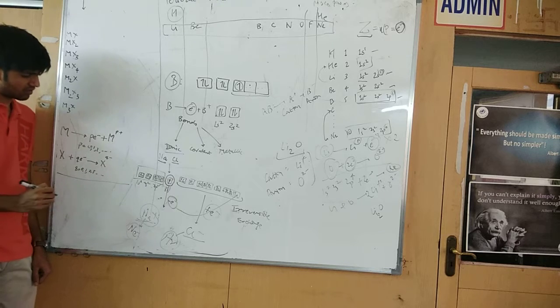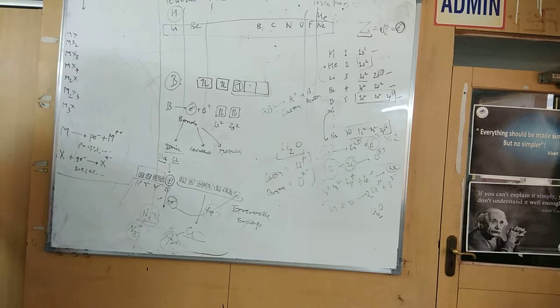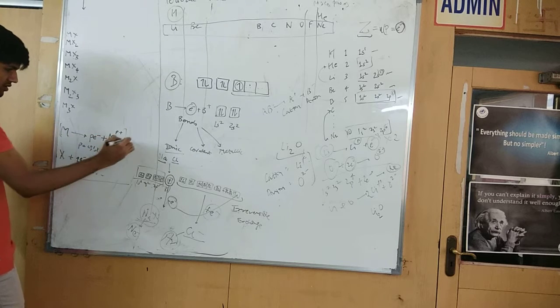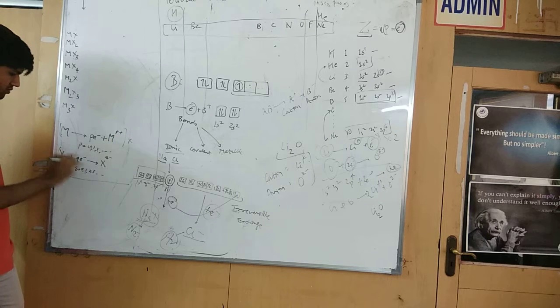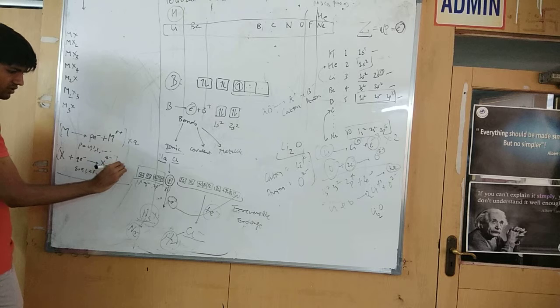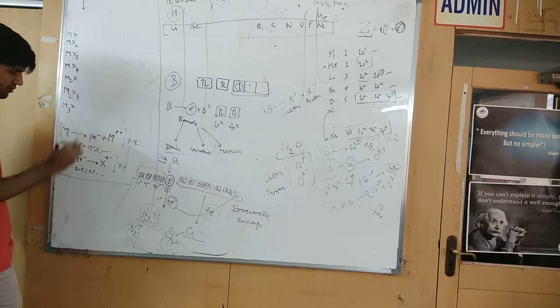Balance out this reaction. How will we balance it? By multiplying this equation with q and this equation with p, because you need to take the electrons out. So pq, pq.